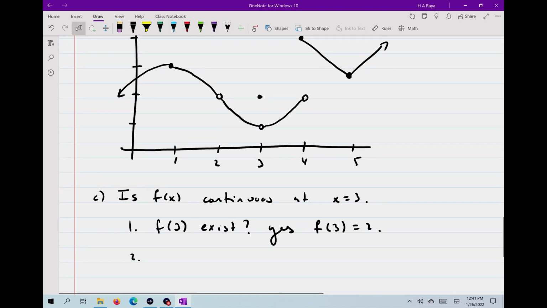2. Does the limit as x goes to a, in this case a was 3, exist?